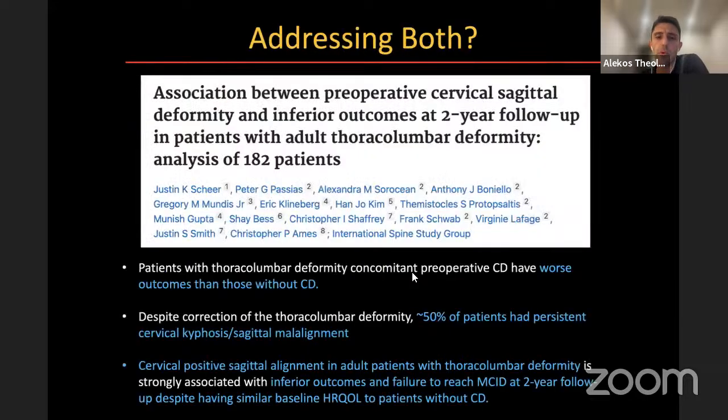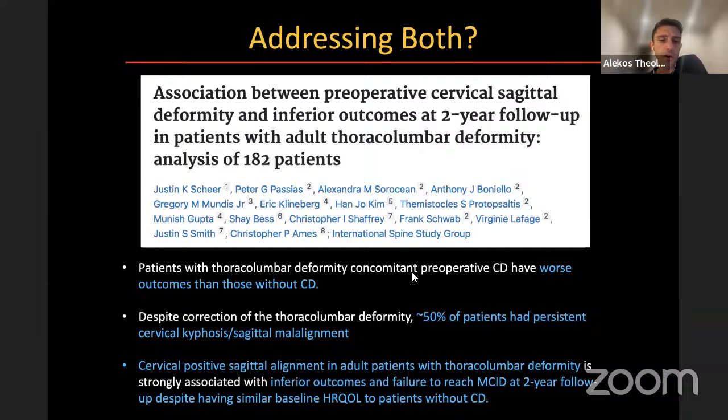So in terms of addressing both, why may this be necessary or important? So this is a nice study from the ISSG relatively recently, who looked at patients with and without cervical thoracic deformity in combination with the thoracolumbar deformity. And they found that those patients that had both actually had worse outcomes when the cervical deformity had not been addressed.